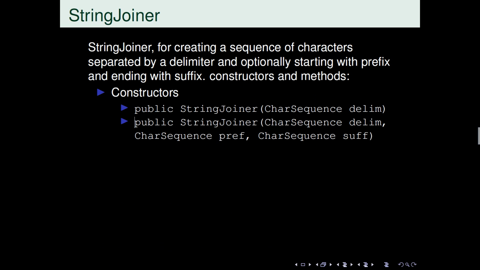There is also another class called StringJoiner. Okay, this has been provided where, given multiple strings or CharSequences, an interface which is implemented by StringBuffer, StringBuilder, those classes also implement the same interface called CharSequence, you can combine multiple CharSequences. StringJoiner is for creating a sequence of characters separated by a delimiter and optionally starting with a prefix and ending with a suffix.